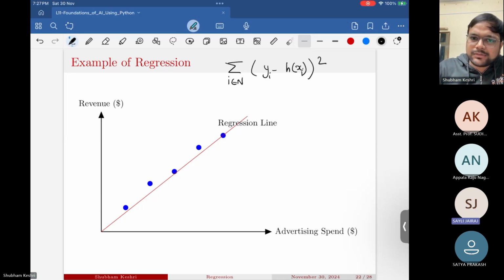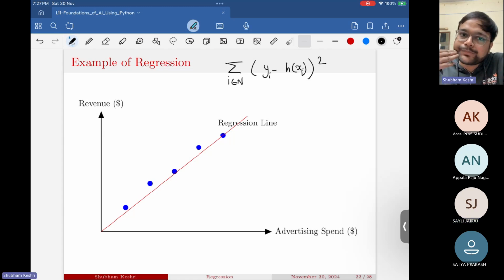No. For example, out of five samples, we get four correct samples and one incorrect sample. In that case, the error will never be zero.